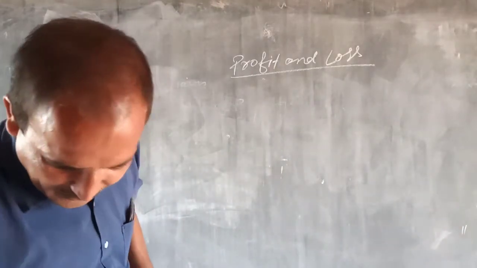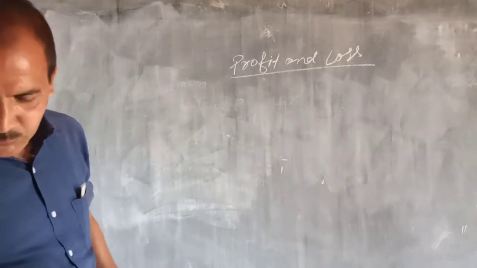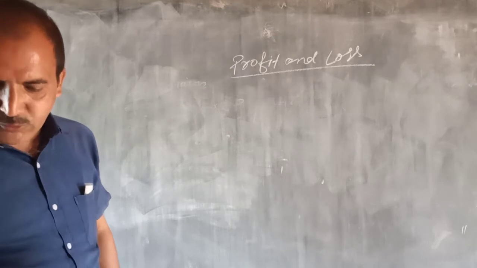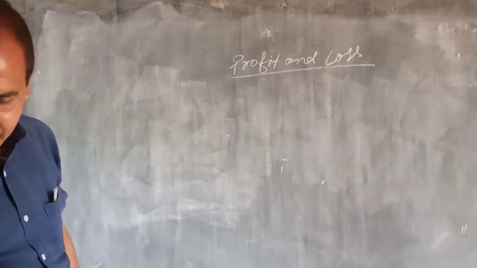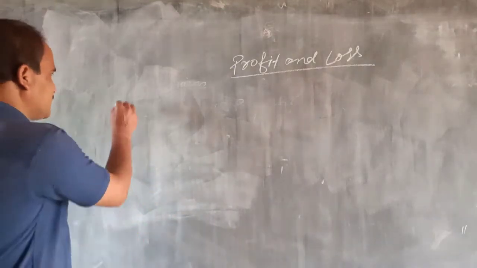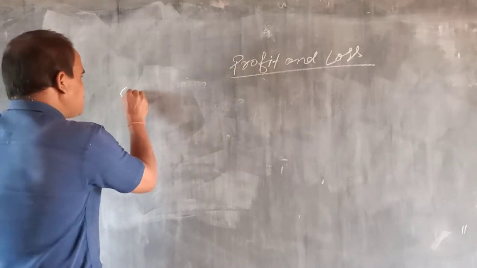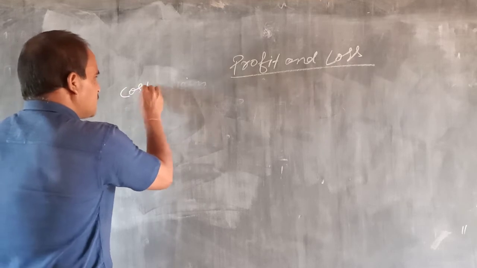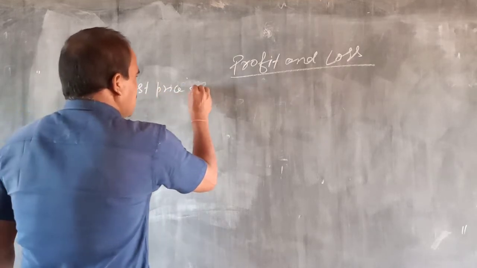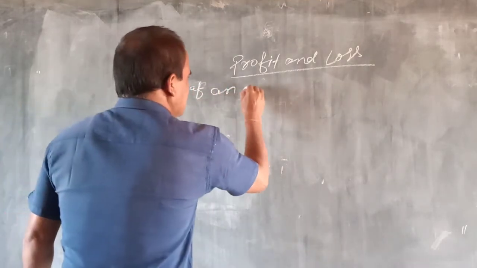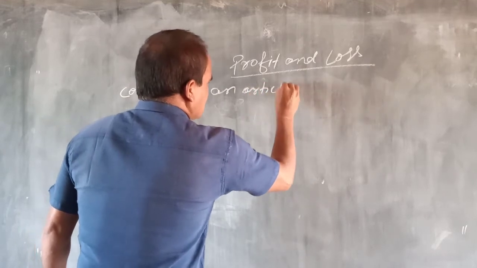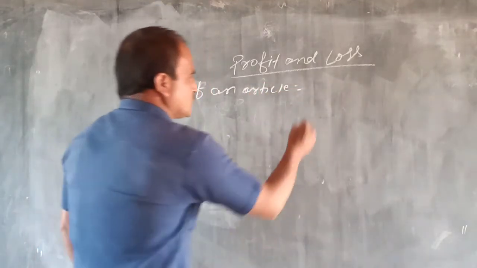Example: the cost of an article is 400 and it is sold for 336. That means the CP, the cost price of the article, is equal to 400.